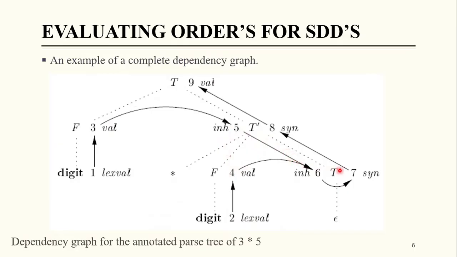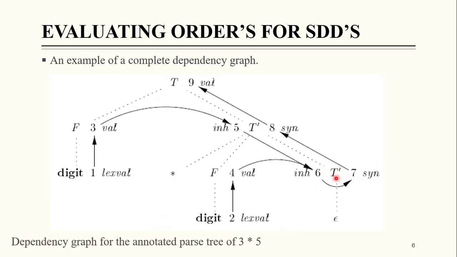Nodes 7 and 8 represent the synthesized attribute called syn associated with the occurrences of T'. Next, the edge to node 7 from 6 is due to the semantic rule T' dot syn equals T' dot inh associated with the production.